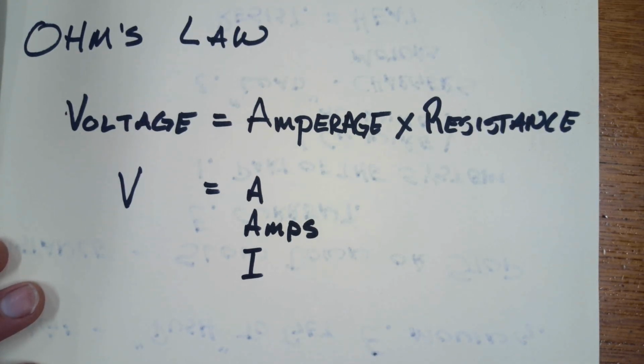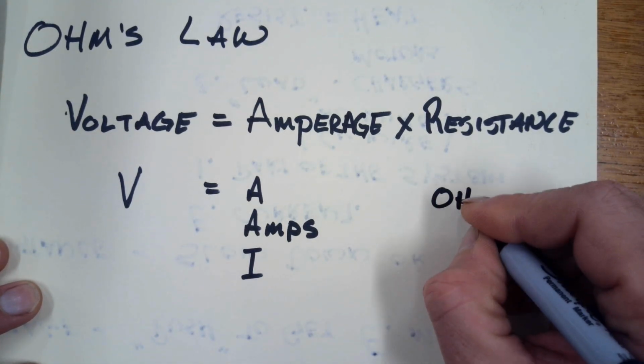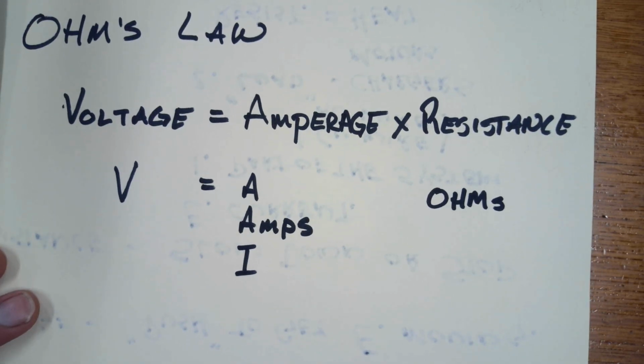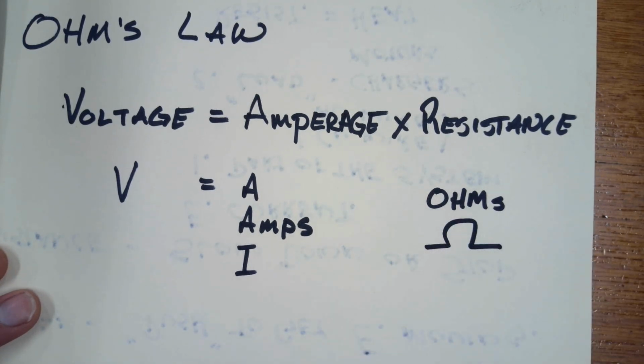I'd have to Google it to find out. Resistance, the unit that they use for resistance is the ohm or ohms. And then the symbol that's often used is, I think that's the Greek omega sign. Is it? Okay. Or they'll use that.